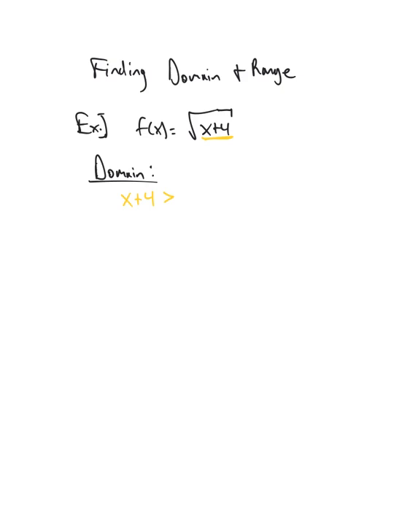You need to say that that has to be greater than or equal to 0. Again, what is under the radical has to be positive, or 0. And if you solve this inequality, you get that x has to be greater than or equal to -4. So that is how you find the domain.